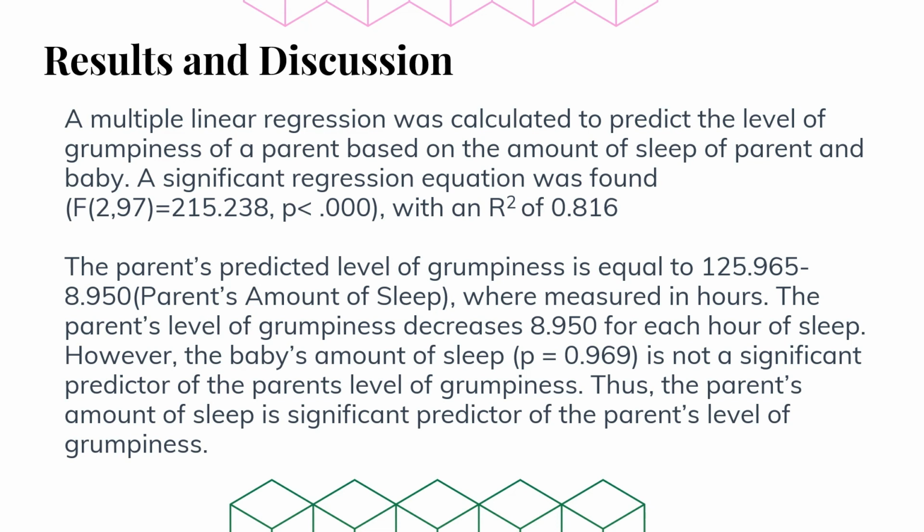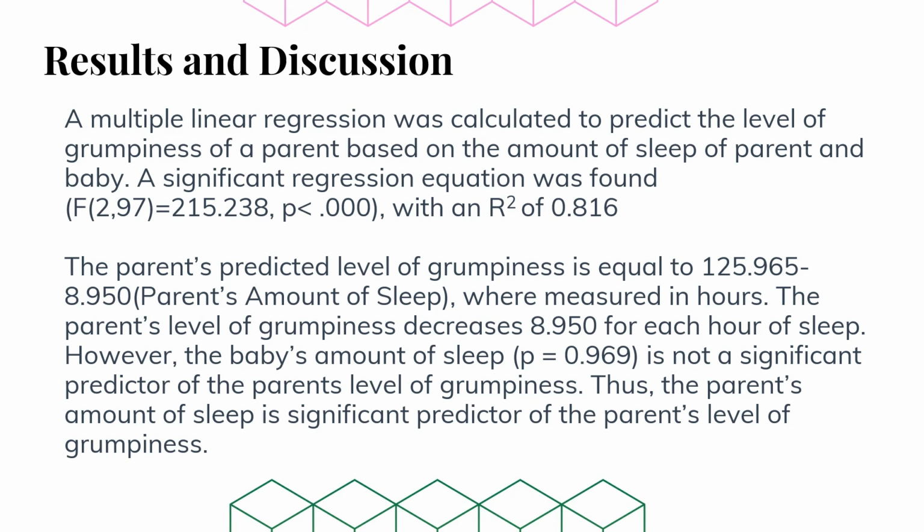A significant regression was found, F(2, 97) = 215.238, p < 0.001, with an R square of 0.816.